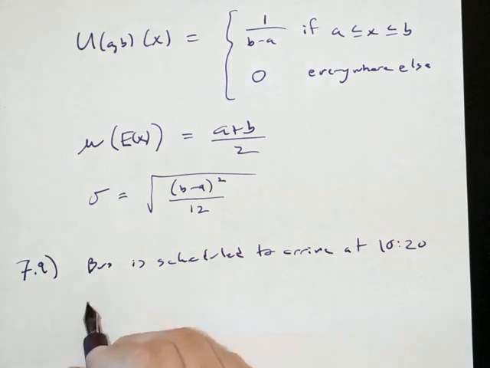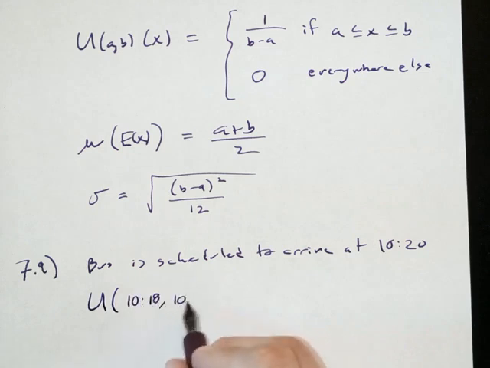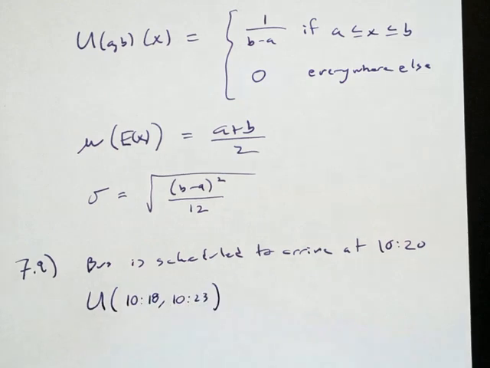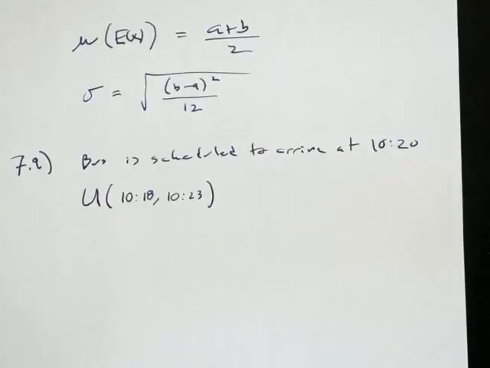And it turns out that we actually can say that the bus's arrival is better modeled by a uniform distribution. We're not more likely to have the bus show up later than earlier, but most of the time, the bus arrives between 10:18 and 10:23. On average. When's the bus get here?